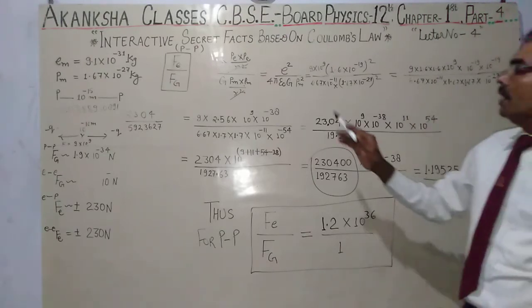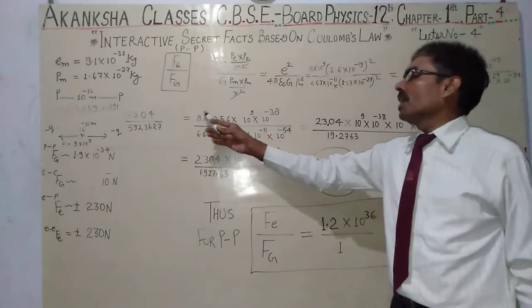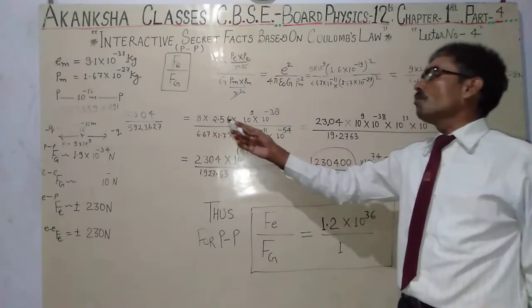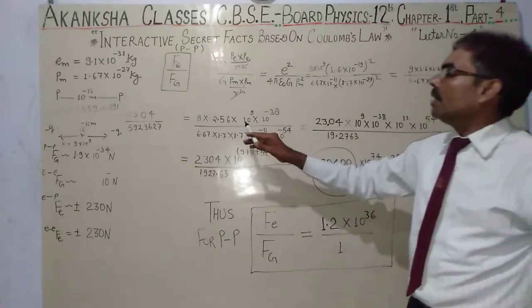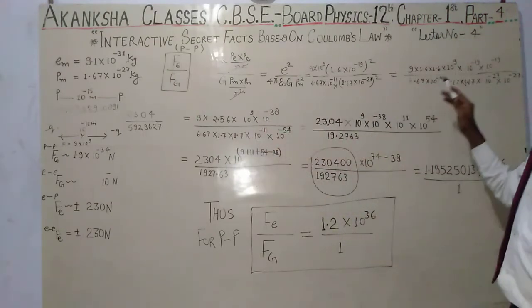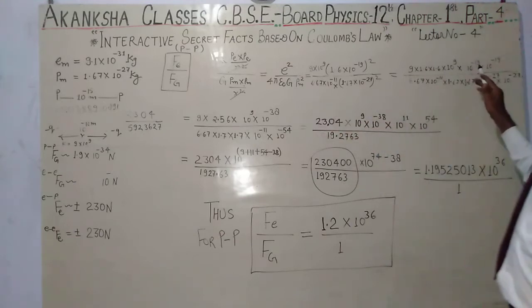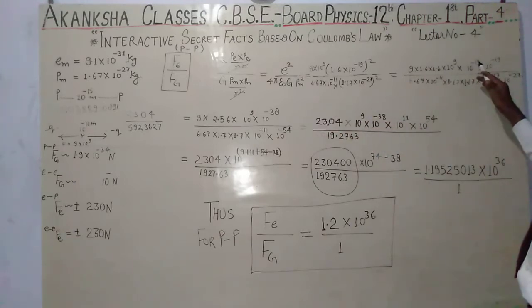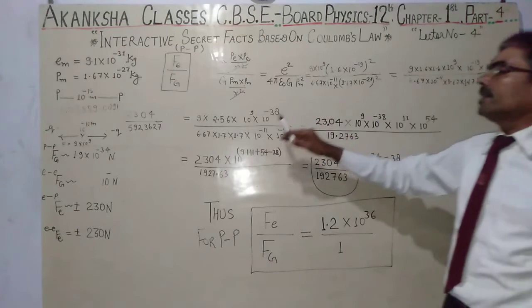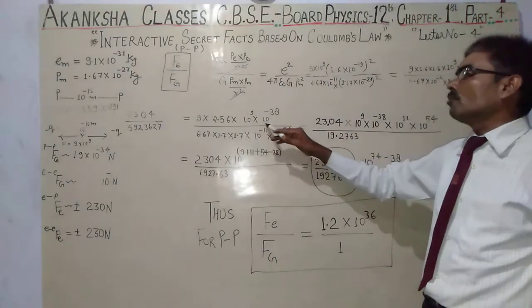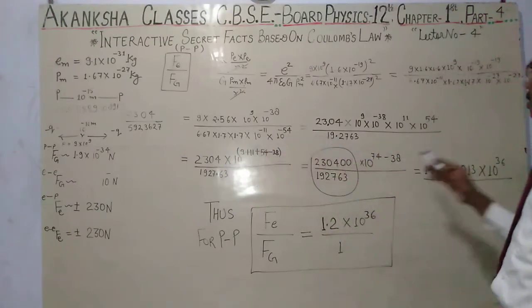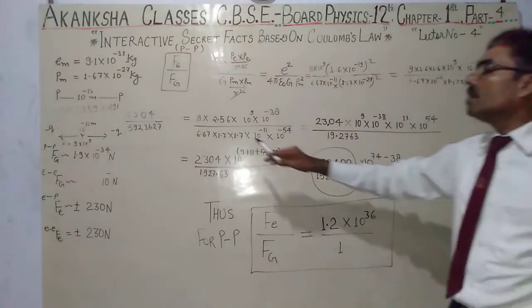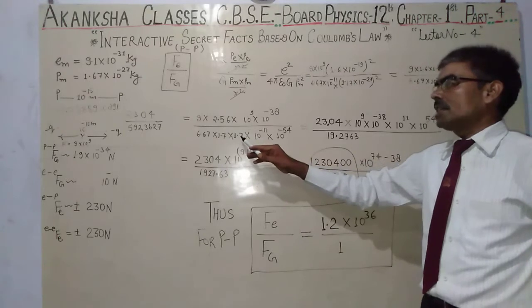Further, if we keep on processing, we get the product of 9 and 2.56 after multiplying 1.6 and 1.6. Now, by adding the two exponents minus 19 and minus 19, we get minus 38. Thus, 10 power minus 9 into 10 power minus 38 by 6.67 into 1.7, the approximate value of 1.67, 1.7 into 1.7.